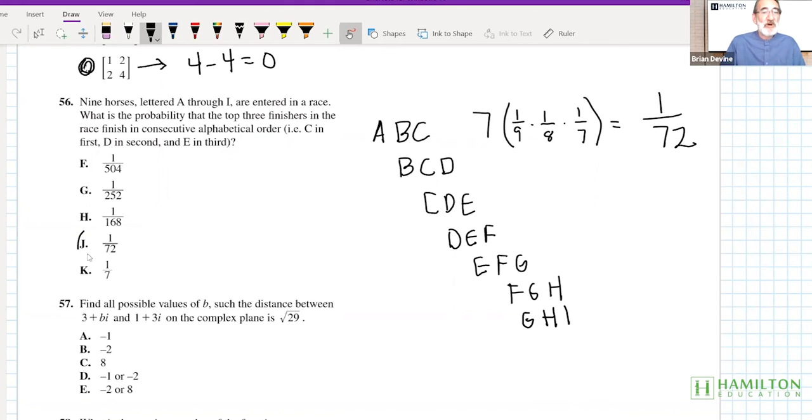So there's a 1 out of every 72 races chance. So J would be our answer.